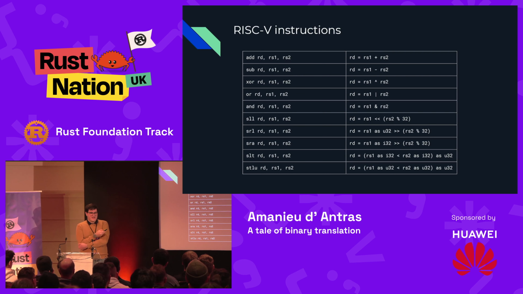Same with subtract, XOR, OR, and shift left, signed and unsigned shift right, and an instruction called set if less than, which does a signed or unsigned comparison, and depending on the result of the comparison, sets the destination register to 0 or 1. So these instructions take two registers as input.